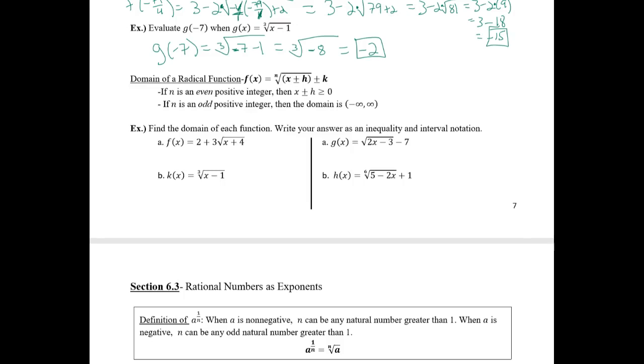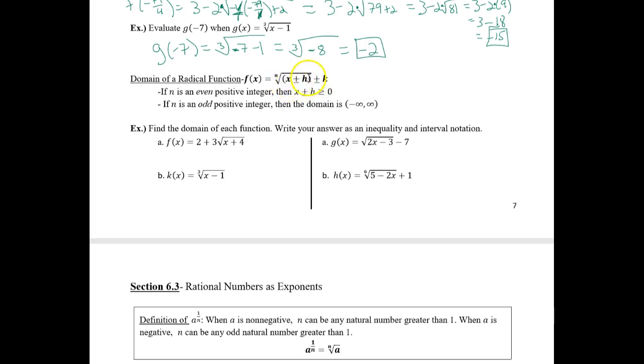In this video, we're going to be talking about the domain of radical functions with various nth roots. So if the root is even, so if n, that index is even, then that value underneath the radical has to be greater than or equal to 0.